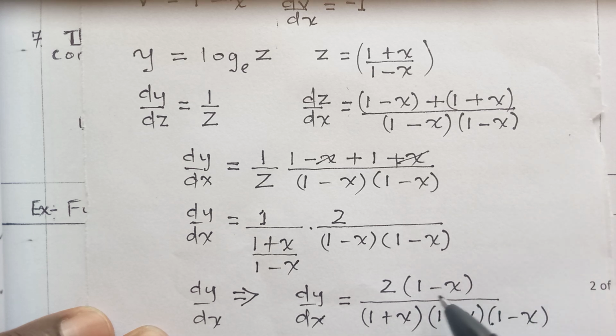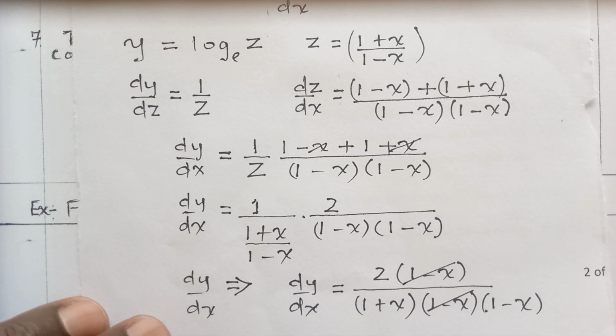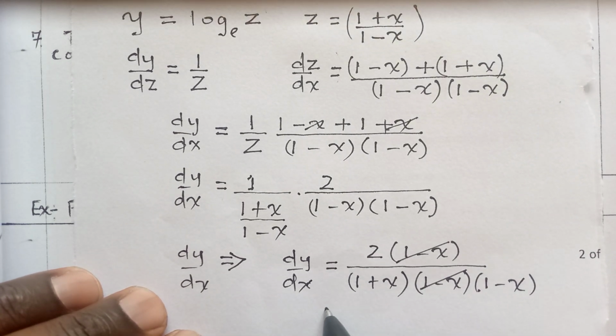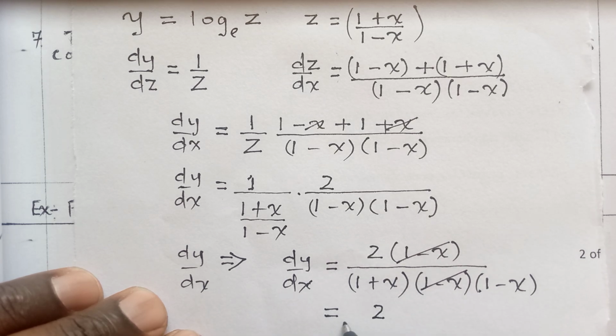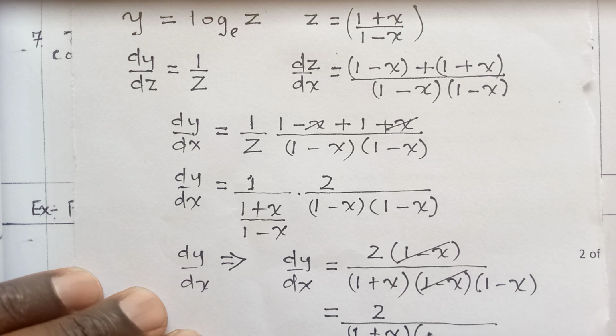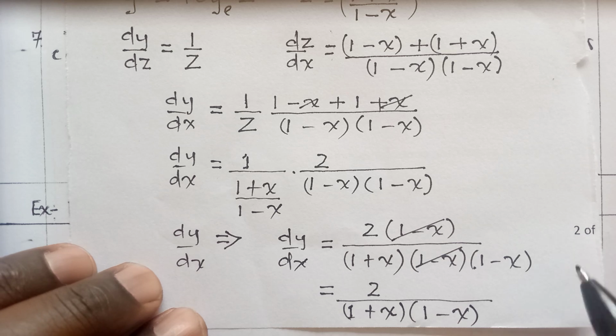So this can cancel that and that. So finally, guys, this is our solution. The solution is 2 over 1 plus x, 1 minus x. So guys, we have our solution there.